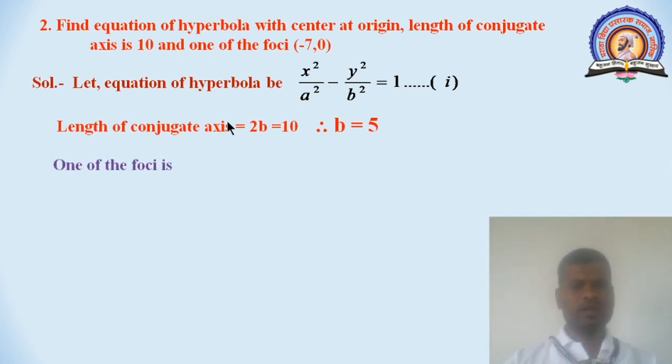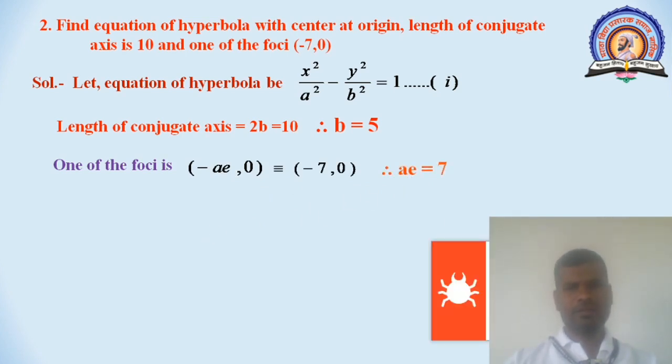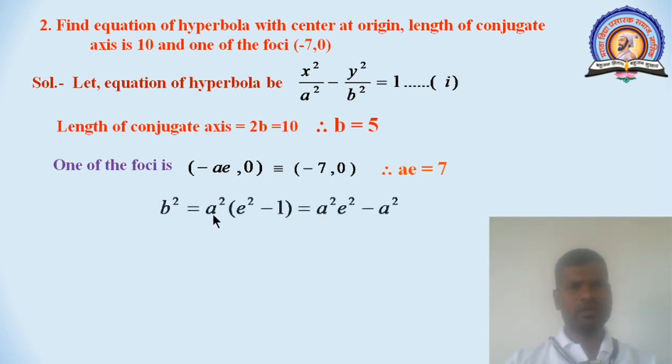Then one of the foci is (-ae, 0). You can take (+ae, 0) also, but for our convenience we will take (-ae, 0). So on comparing we will get ae is equal to 7. To find the value of a, we will use the relation between a, b and e: b square is equal to a square into e square minus 1.